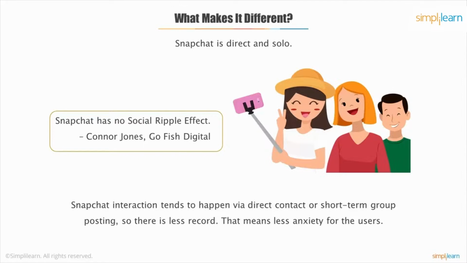Now, the other thing that comes into play is a quote from Connor Jones at Go Fish Digital, where he explains that Snapchat doesn't really have a social ripple effect. What we mean by that is if you post something to Facebook, it might sit there for a couple hours or for a day, and maybe 1 or 2 people see it and comment on it. But then maybe on that second day, someone new sees it and they post a comment, and then their friends see it and come in and post a comment.